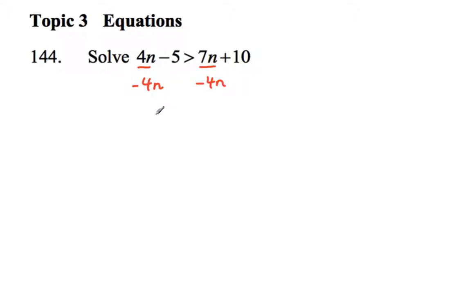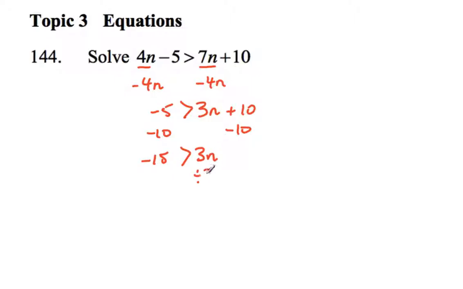That'll leave us with minus 5, that minus belongs to the 5, is greater than, now 7n minus 4n is 3n, plus 10. We'll try and get the letter on its own. We'll move the plus 10 by doing the opposite to both sides. Minus 10, that on the number line gives us minus 15, is greater than 3n.